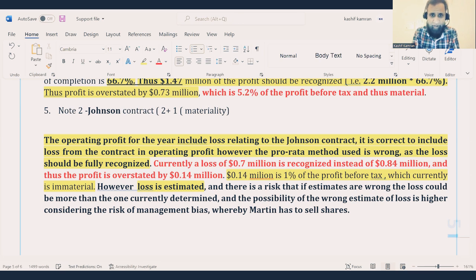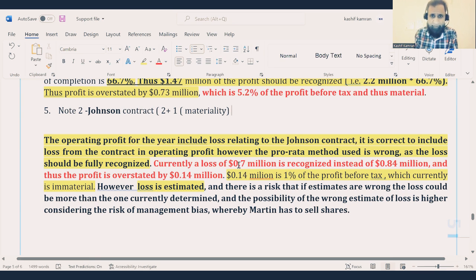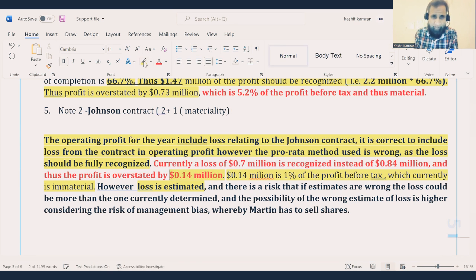And will I get some extra marks for calculations? Yes, I think I can get extra marks for calculation because I found a difference, 0.14 million. Will I fetch some extra marks because I found the value? 0.5 marks for the calculation of $0.14 million.